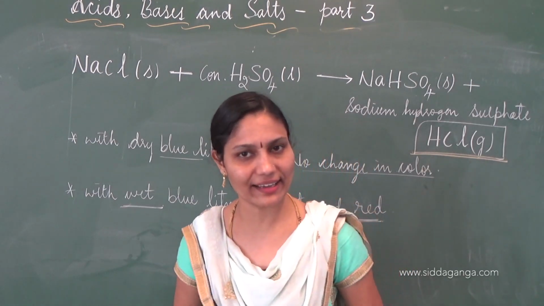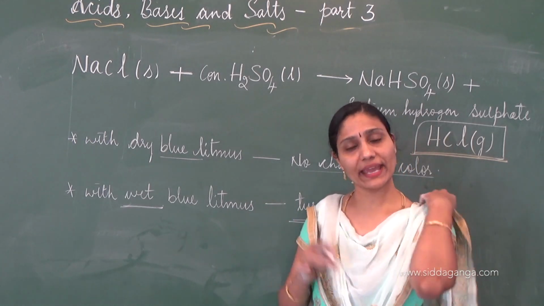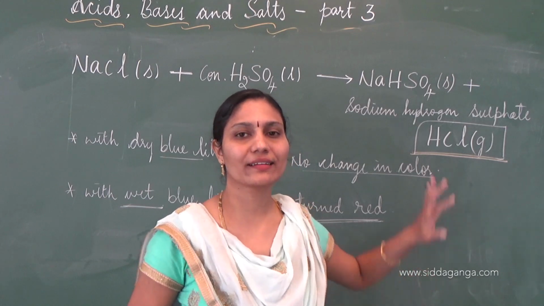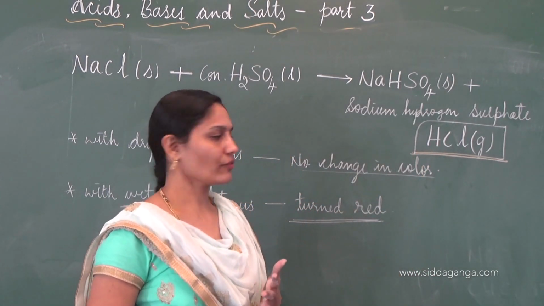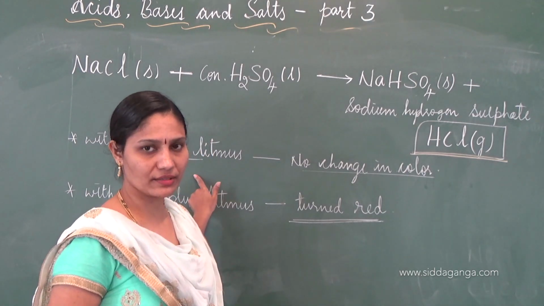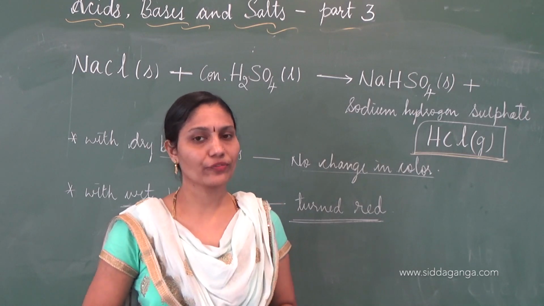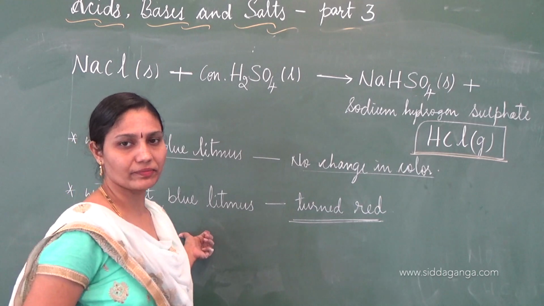So it exactly indicates that HCl behaves acidic only in aqueous solution. The dry HCl does not show any acidic properties with dry blue litmus, whereas the same dry HCl dissociated to form H plus ions with wet litmus paper.